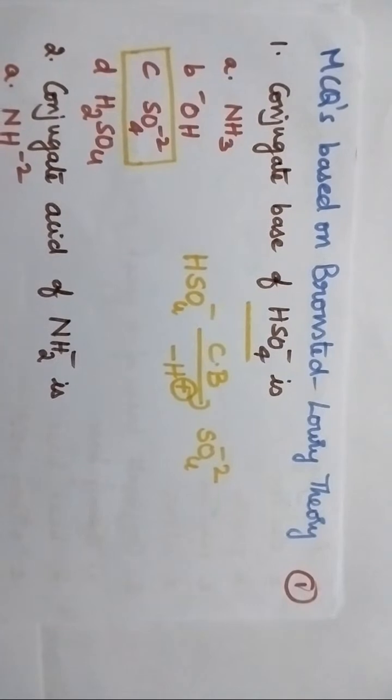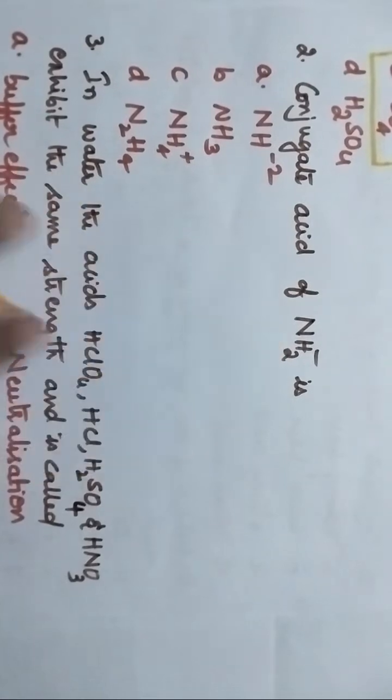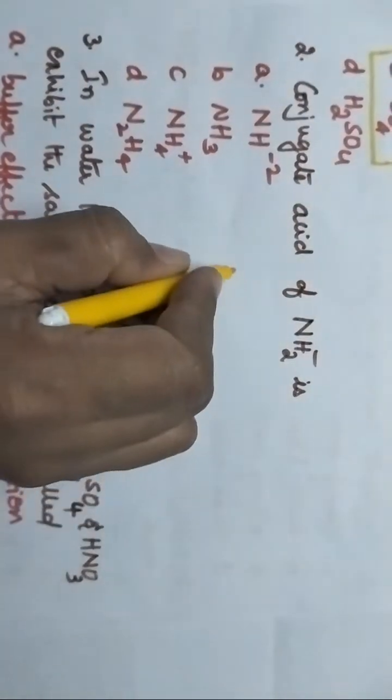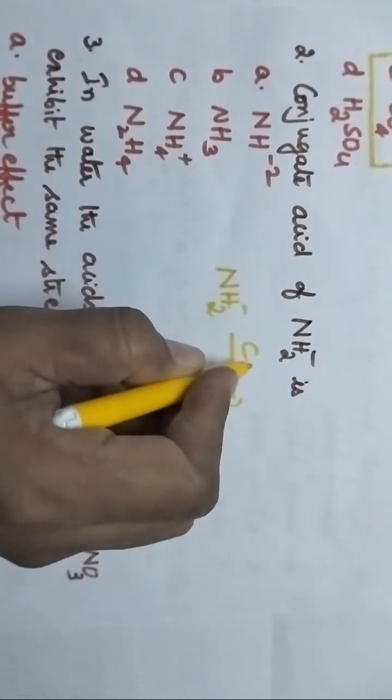So remember that a conjugate base is obtained by the removal of a proton, whereas a conjugate acid is obtained by the addition of a proton. Okay, let us move on to the next question. Conjugate acid of NH2 minus is. You are supposed to identify the conjugate acid.